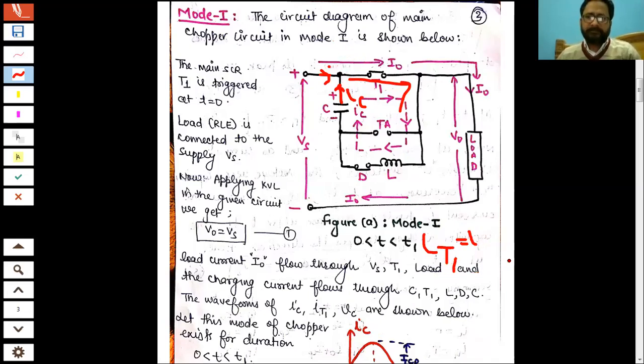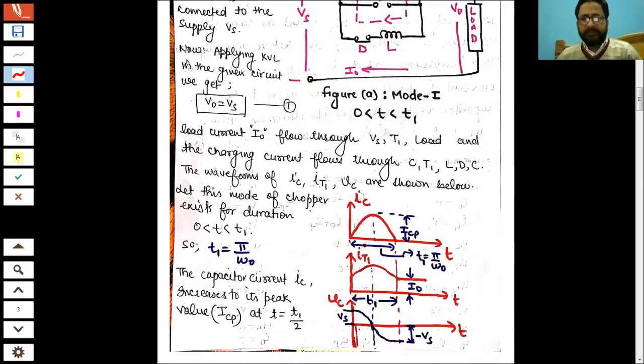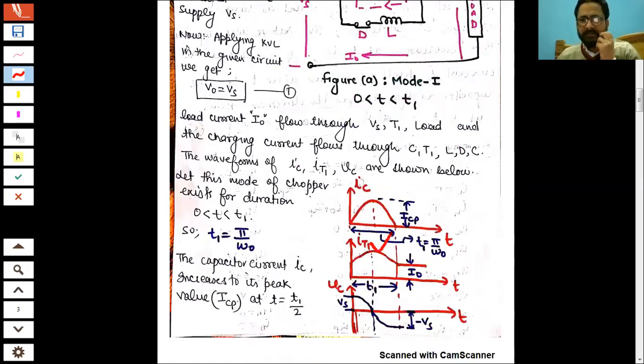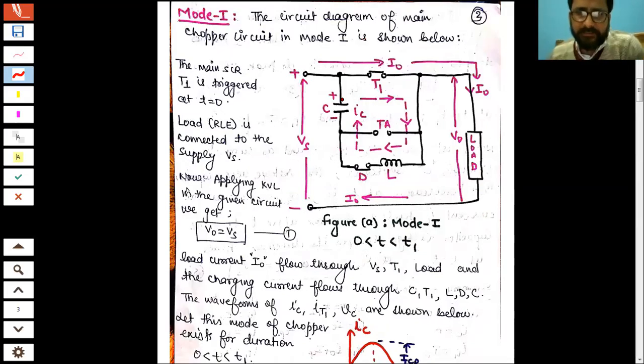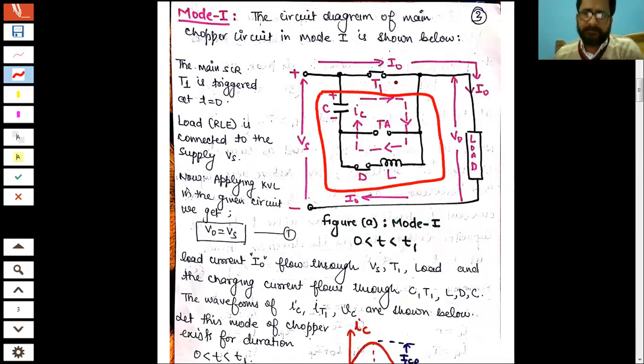Now you can see here the waveform of IT1, the thyristor main SCR current. If you just try to understand, suppose this part is not conducting, it is not at all participating. So what is the value of IT1?